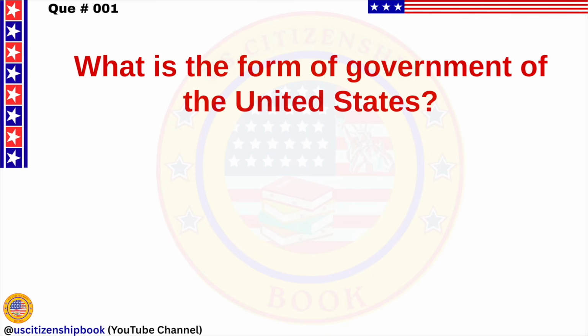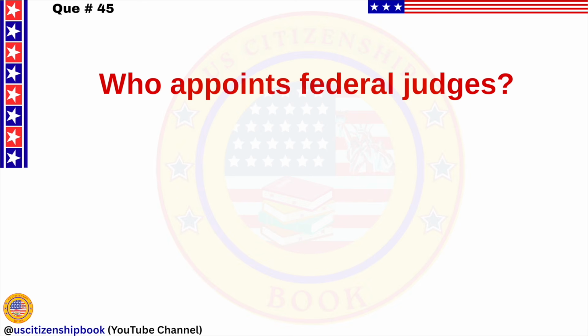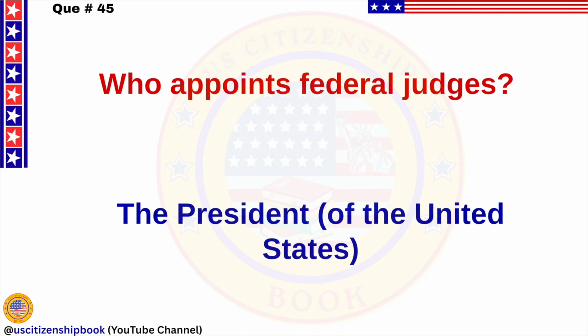What is the form of government of the United States? Republic. Who appoints federal judges? The President of the United States.